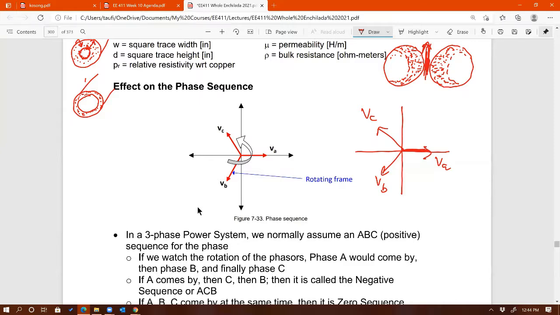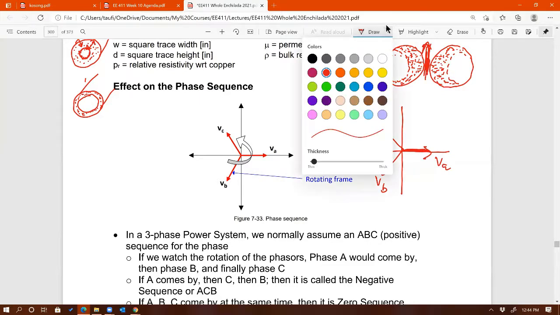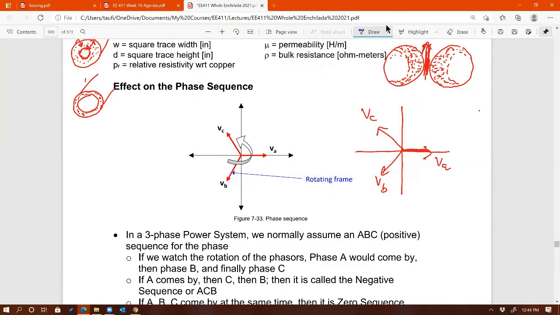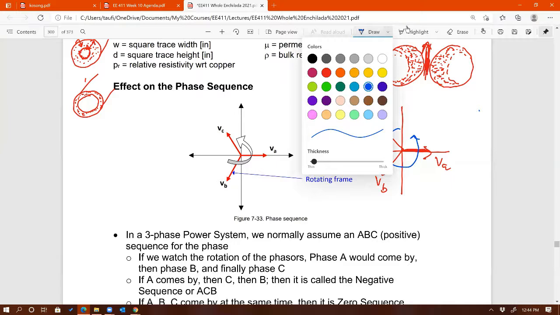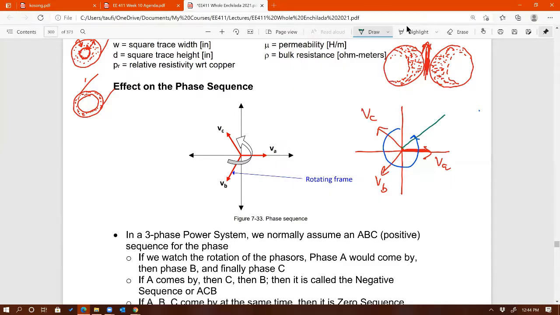Now, typically the reference rotation is counterclockwise, this way. Now, if I place a reference line over here, as this frame is rotating, which one is going to pass by this line first?